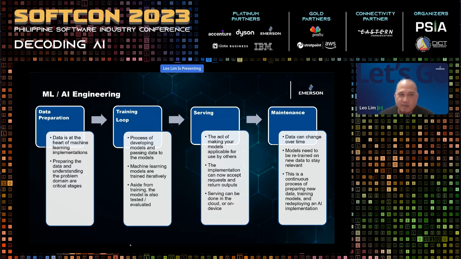The next step is the training loop. This is really the process of developing your machine learning models and passing data. So it's an iterative process. When you train your models, typically you have a training data set. So remember, from your data preparation, you prepare a subset of that data for training, and that's where your machine learning model learns.